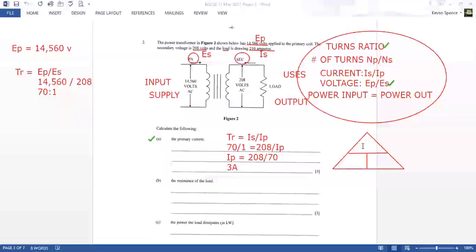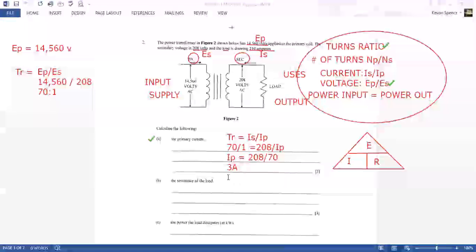The 2 quantities that we already have are voltage and current, and we are looking for resistance. All right?